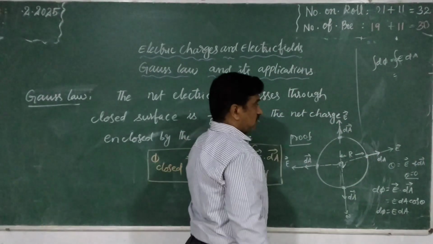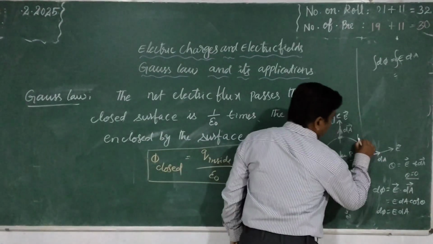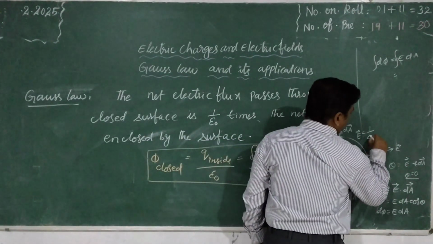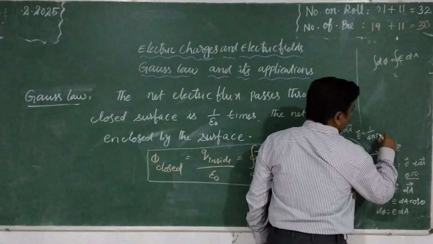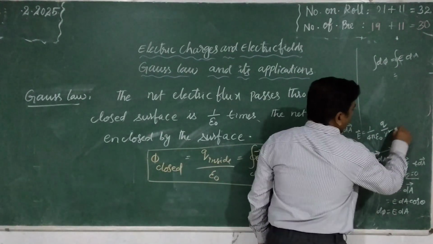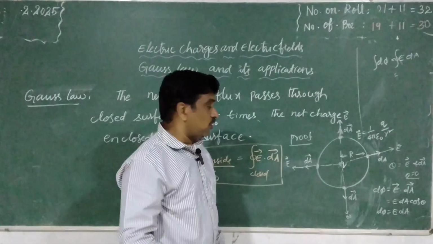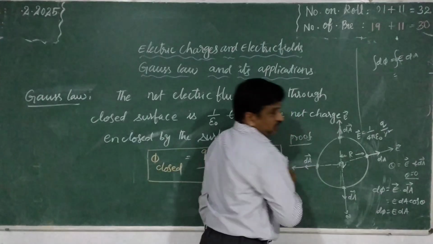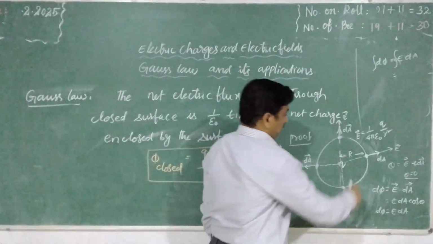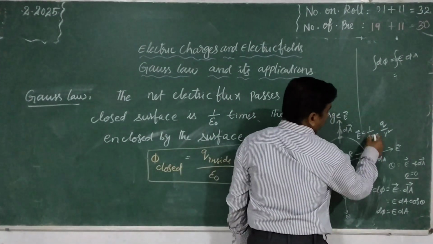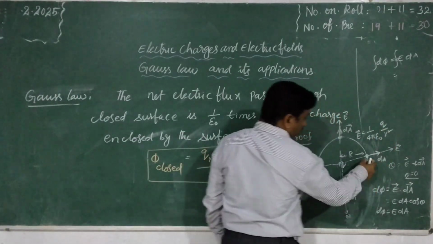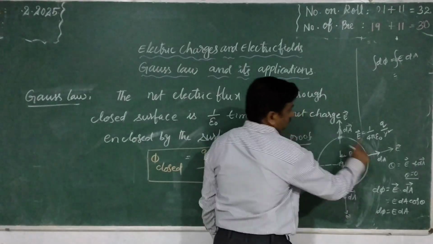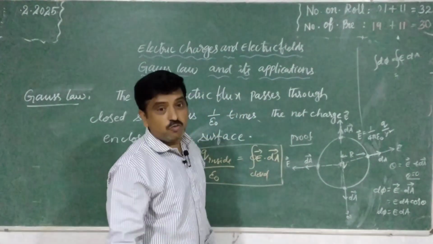The electric field E equals 1 by 4 pi epsilon naught times q by r square. This is the electric field due to the plus q charge at every point on the closed surface. Not only here, at every point on the surface the electric field is 1 by 4 pi epsilon naught q by r square.